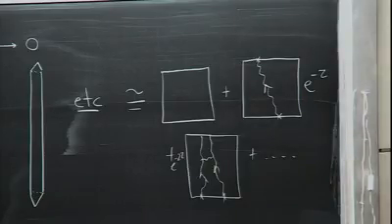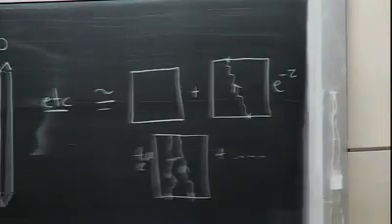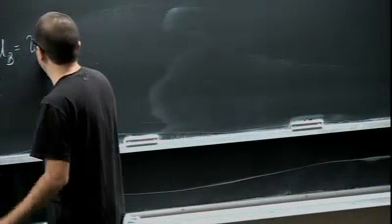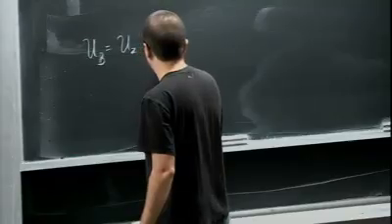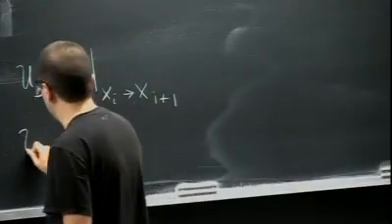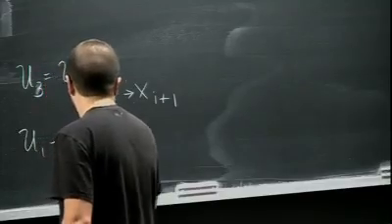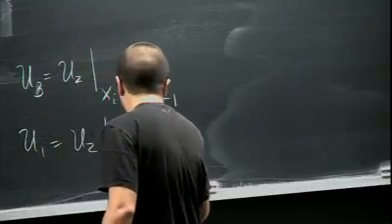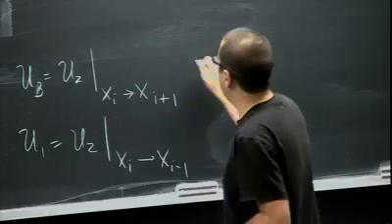So I gave you one cross ratio only. There is U1, which is just, or let me write first U3. U3 is just U2 when I rotate cyclically my points. Xi goes to xi plus 1. And U1 is U2 when I rotate my points. Xi goes to xi minus 1. And I can also compute them.